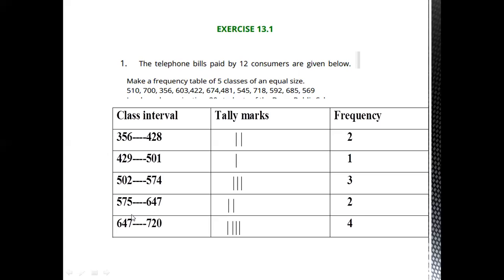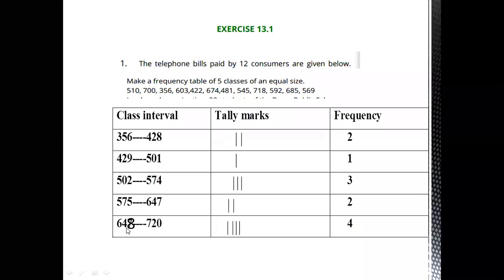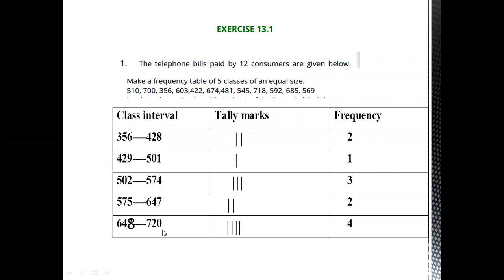The next class should start from 648, not 647. By mistake it's written 647, it should be 648. So it should be 648 to 720, and again you add 72, so it will be 720.